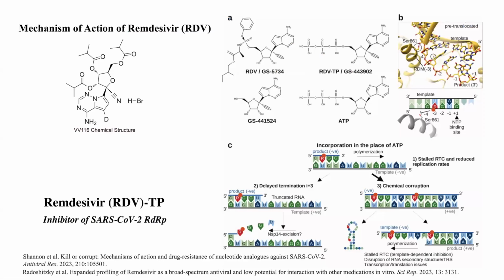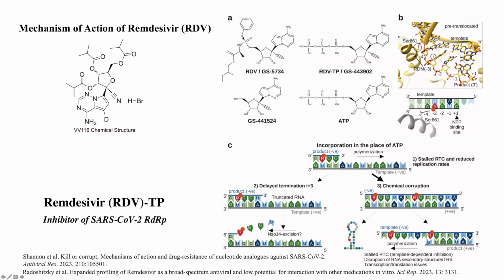Remdesivir is the first approved COVID-19 drug. However, it does not have very high potency in the clinical setting. The mechanisms by which remdesivir inhibits coronavirus are described as follows.